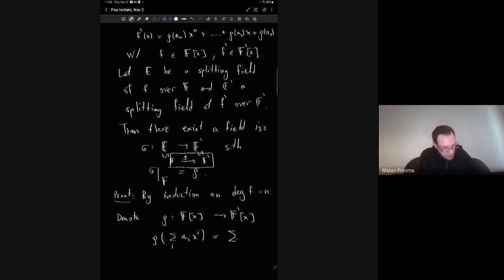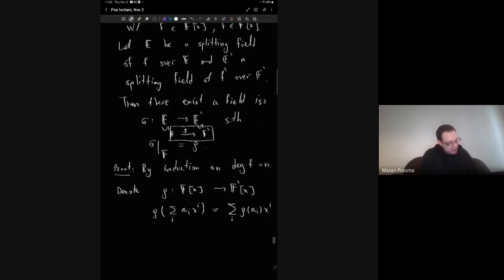So this is the sum of rho of a_i times x to the i. In particular, when I apply rho on f, I get f prime, what we denoted as f prime.